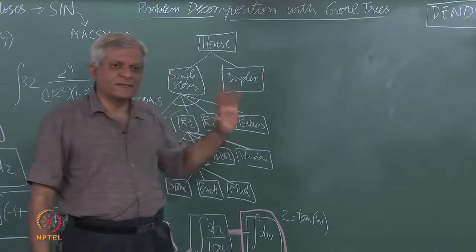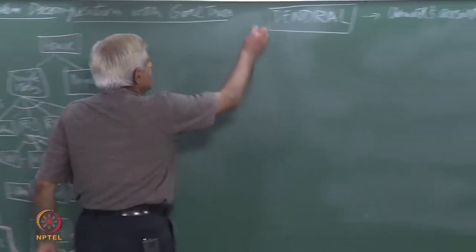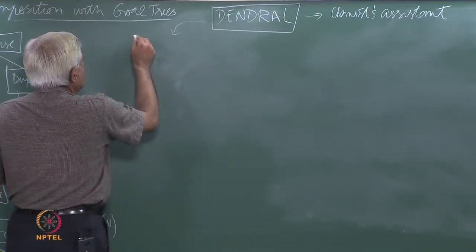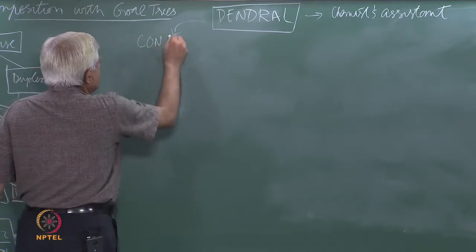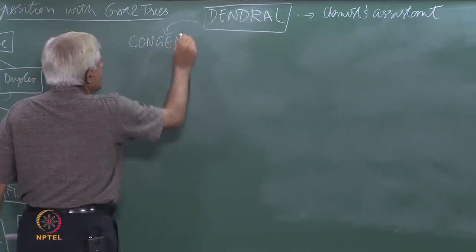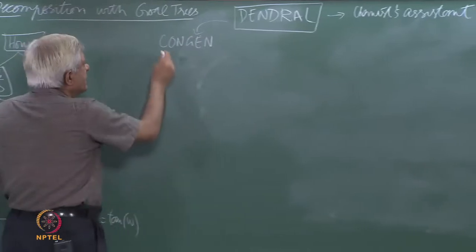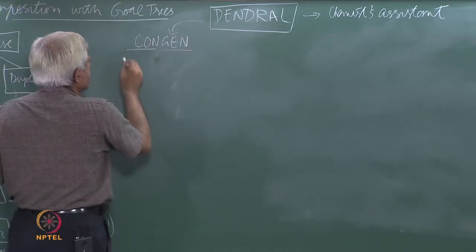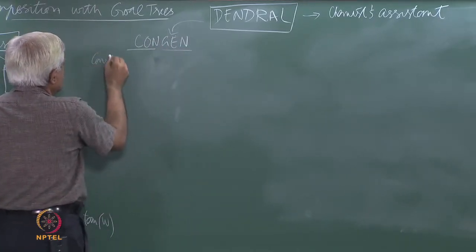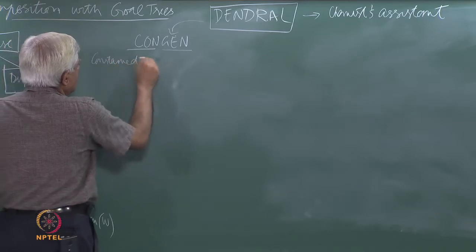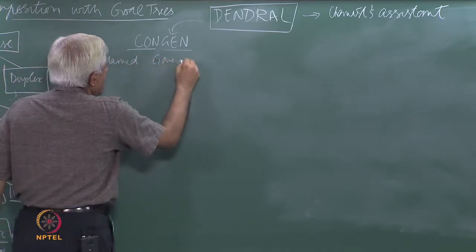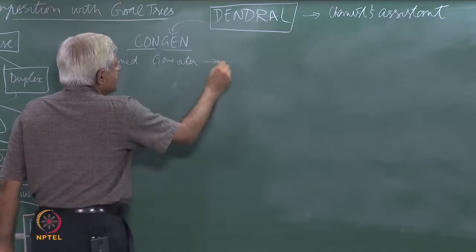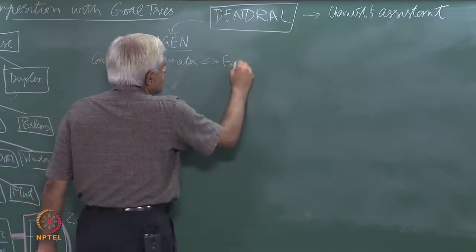So, where did the expertise come in? Expertise came in in that there was first a program called ConGen. So, Dendral was made up of a program called ConGen, and this stands for constraint generator, and this had expert knowledge inside it.